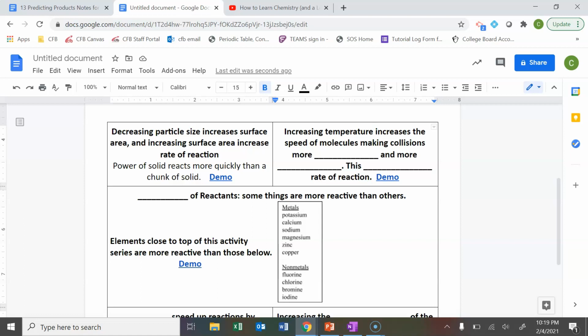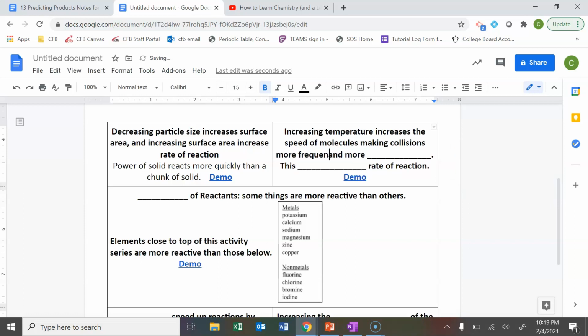You're bumping shoulder to shoulder into different students. If you were to increase the speed at which you're doing that, instead of just walking through the halls, you're running through the halls, you're going to bump into more students, and you're going to bump into them more forcefully as well.